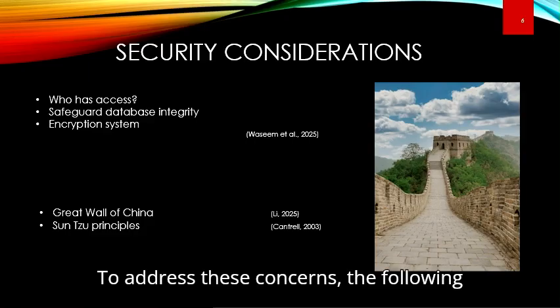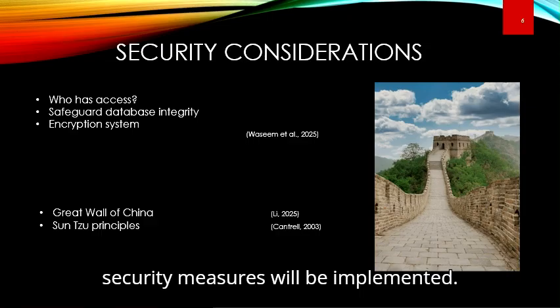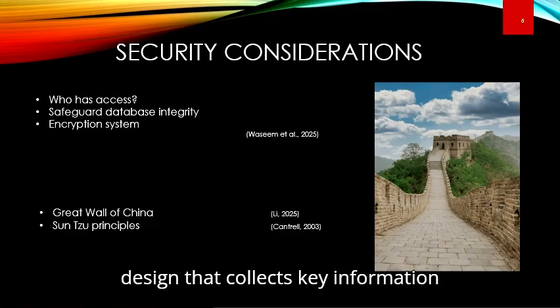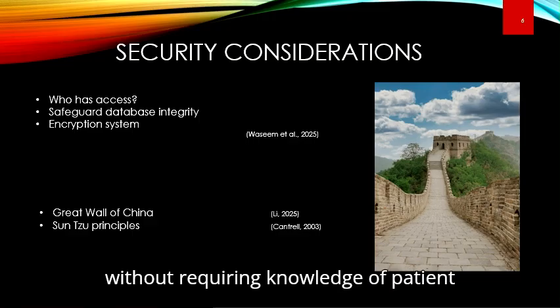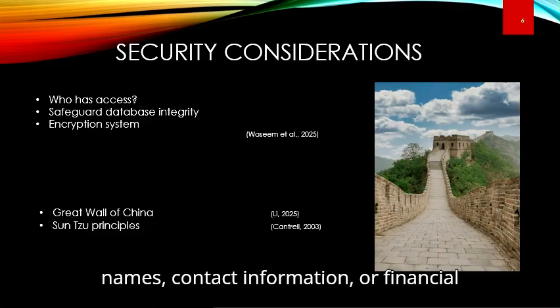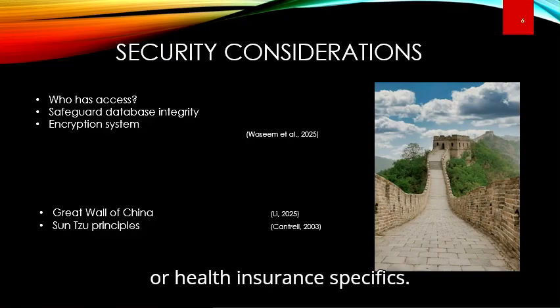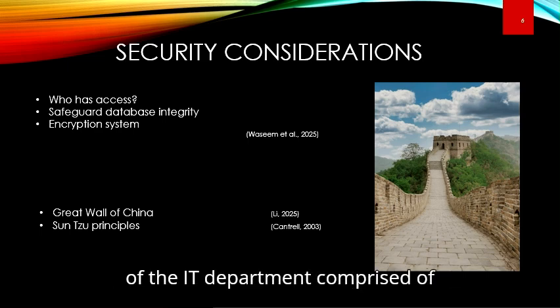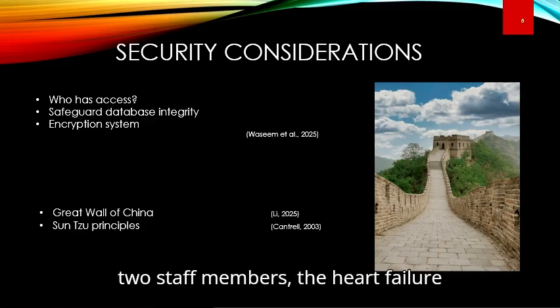To address these concerns, the following security measures will be implemented. First, the database employs a simple design that collects key information without requiring knowledge of patient names, contact information, or financial or health insurance specifics. Furthermore, the database will be accessed only by one department outside of the IT department, comprised of 2 staff members, the heart failure coordinators.